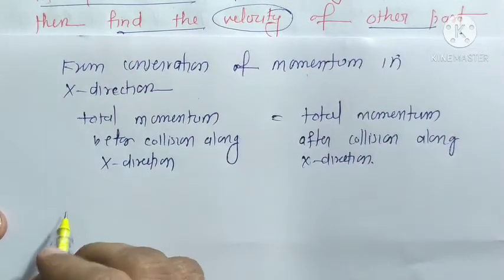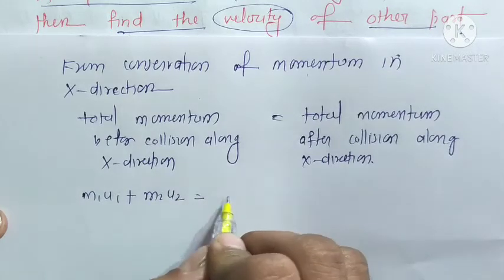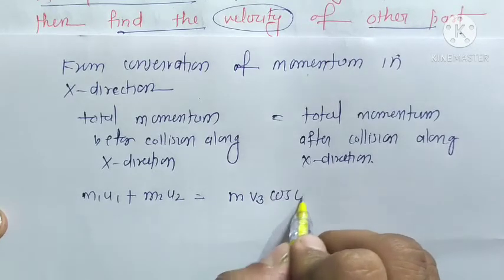Its value is m1 u1 + m2 u2 is equal to m v3 cos theta.